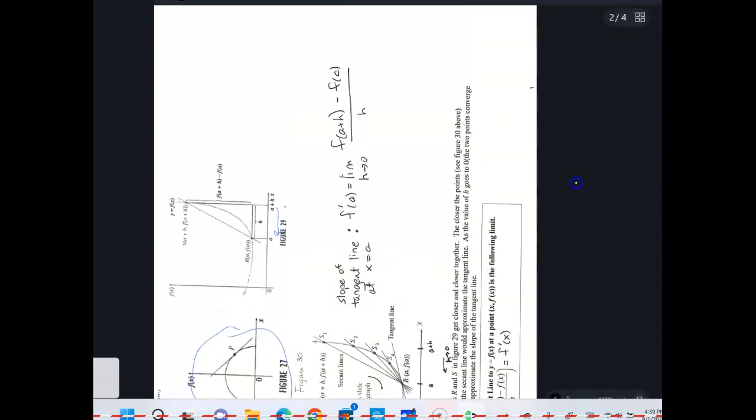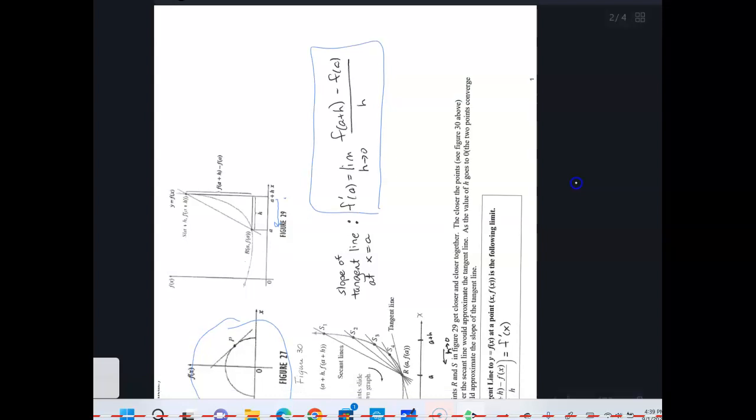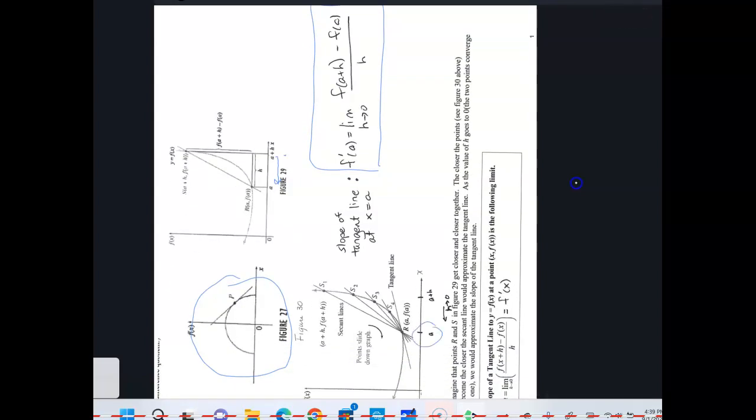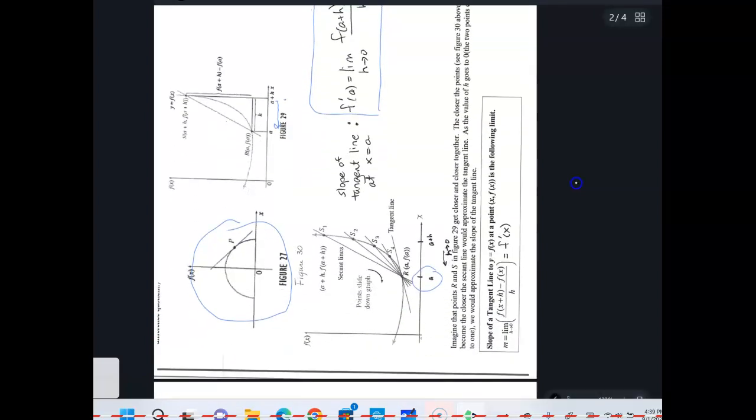This is the formula to find the slope of the tangent line at one point A, because it's going to change depending on what point A we pick. This is going to be the formula we'll work on in section 10 that gives us the slope of the tangent line at any point x. Well, let's stop with that and just go to the A.